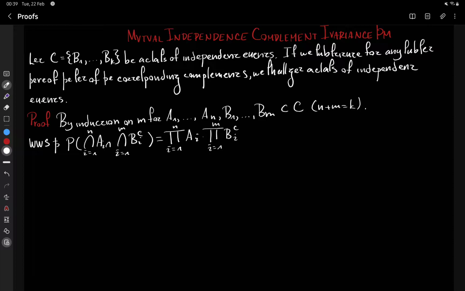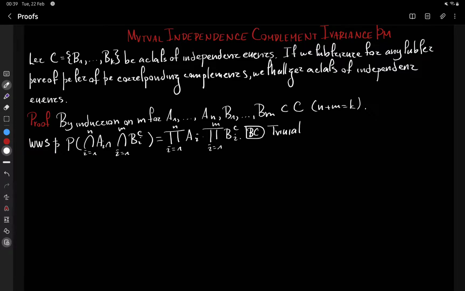Now, n will be fixed and m will be variable. We will leave the induction on m. So the base case is trivial.